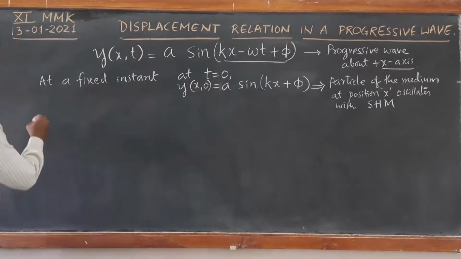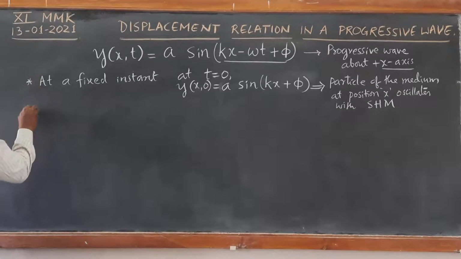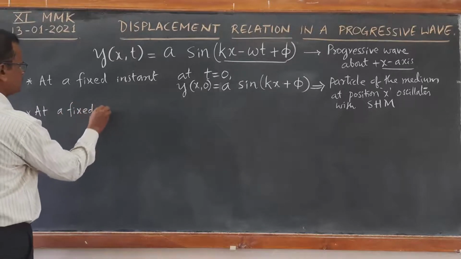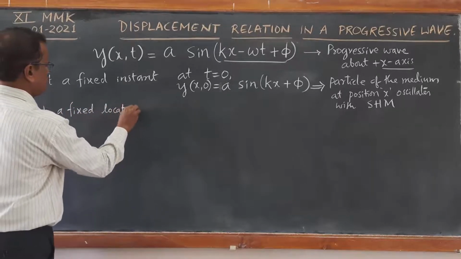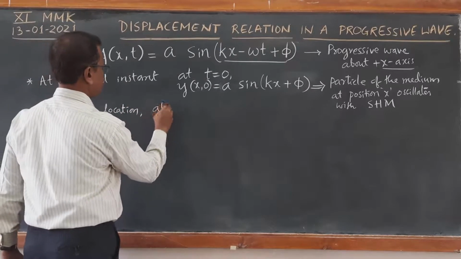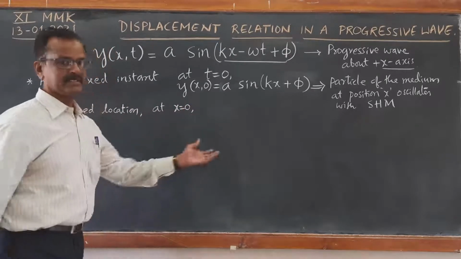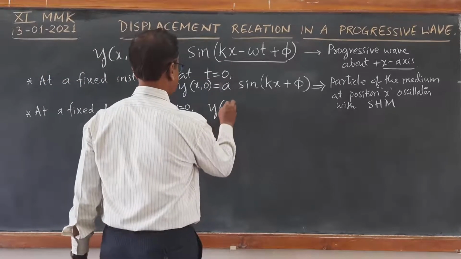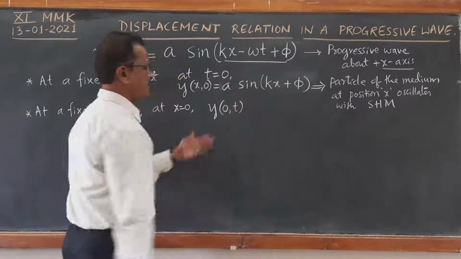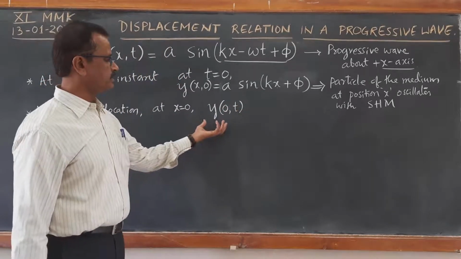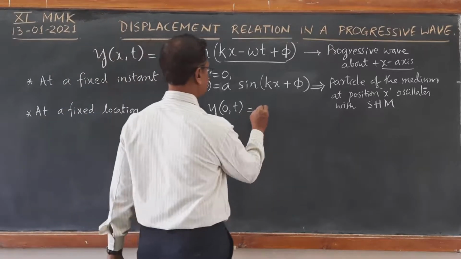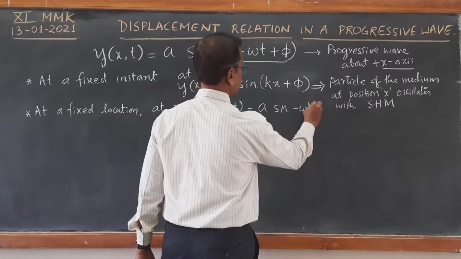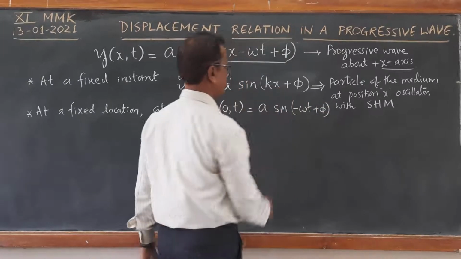Now, in the same way, at a fixed location, let us say x equal to 0, if you put x equal to 0 in this equation, we get y(0,t), a function with respect to time t. So that becomes a sine of minus omega t plus phi, which also gives minus a sine of omega t plus phi.